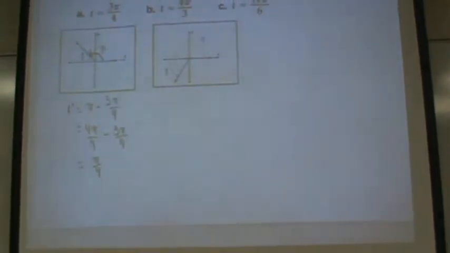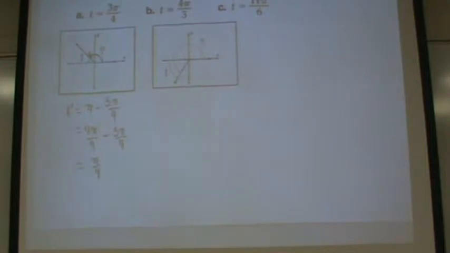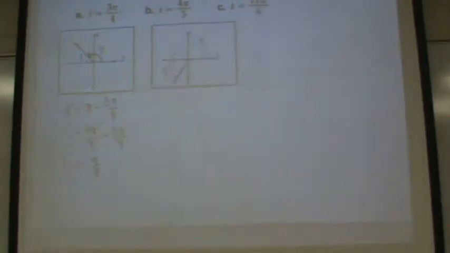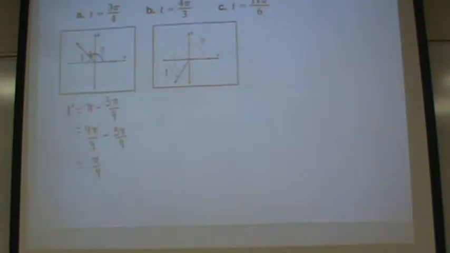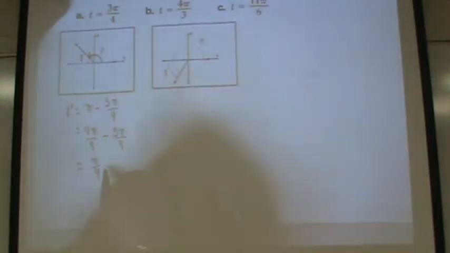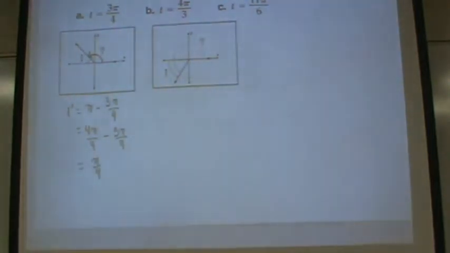Can anyone tell me what angle pi over 4 actually is in degrees? 60. Just kidding. It's 645. 145. Yeah, 145.